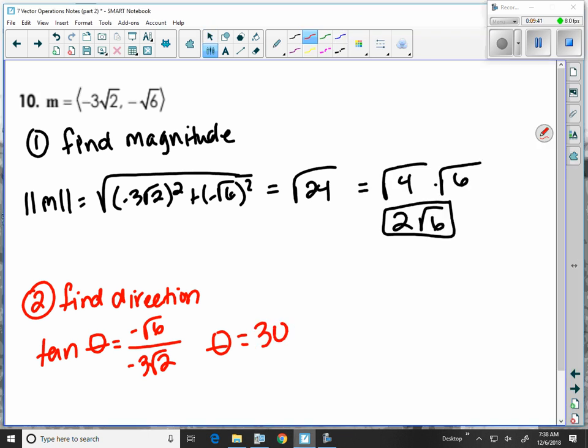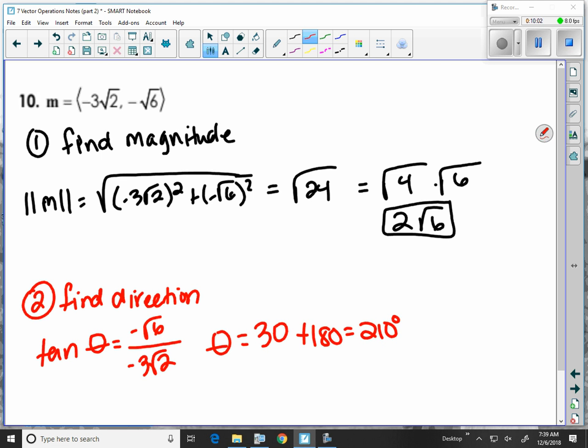Okay, but what quadrant are we in? Negative, negative. Quadrant 3, so we need to add 180 degrees.